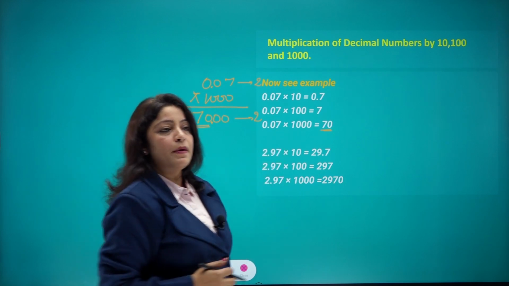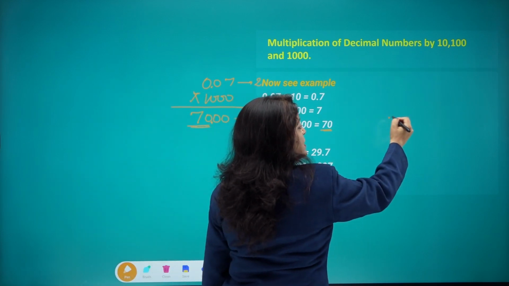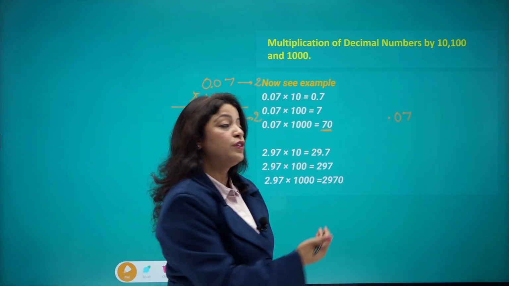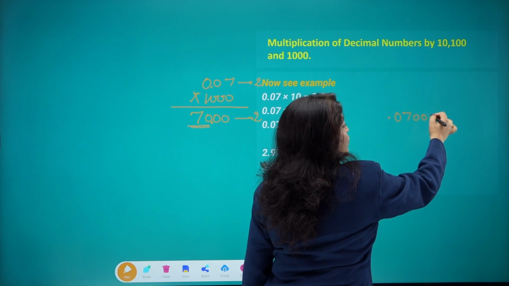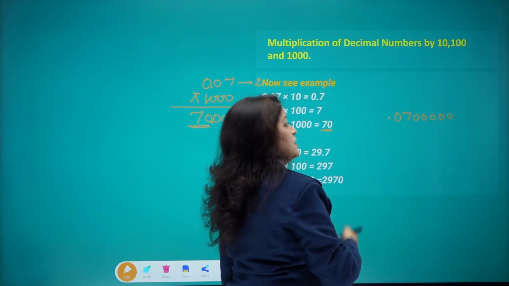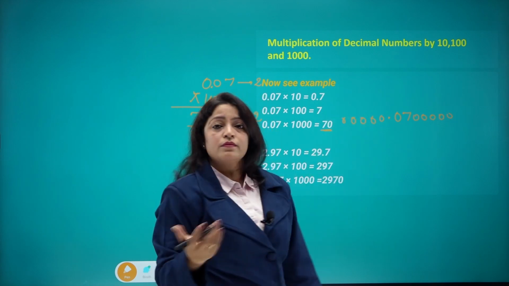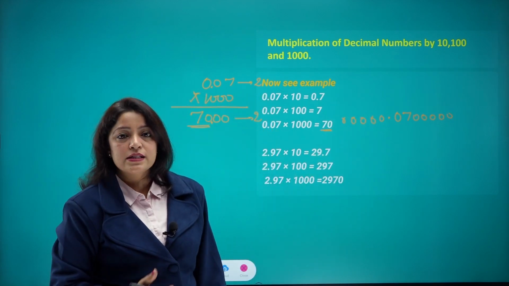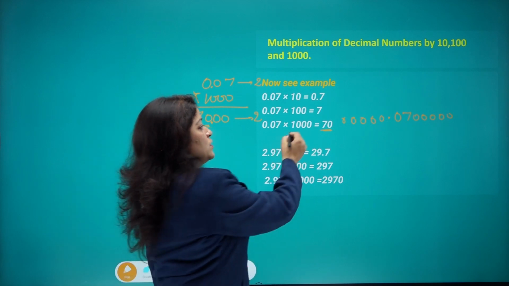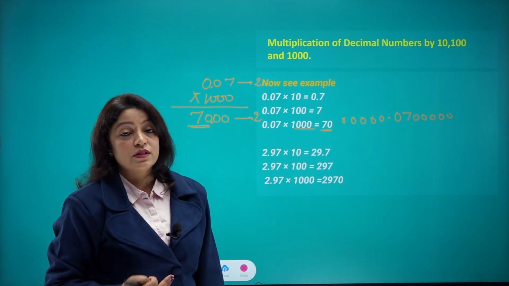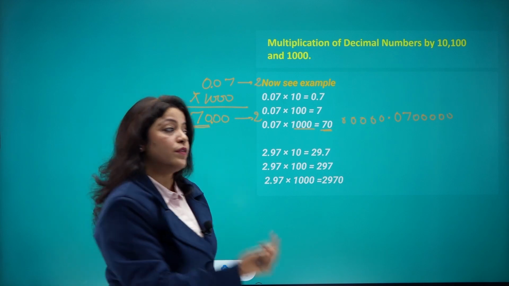In short, if we have to do it directly, then what do we have to do? 0.07. Remember one thing, if there is a decimal and a number is written, you can put as many zeros after the digit. They have no value, right? Similarly, you can also put as many zeros before this, because they also don't have any value as such. But now, since we have to shift how many places? 3 places to the right, because when it is multiplied, we shift it to the right side.